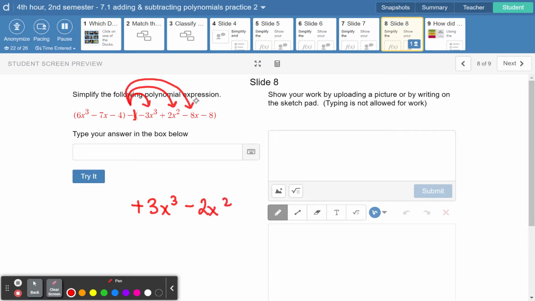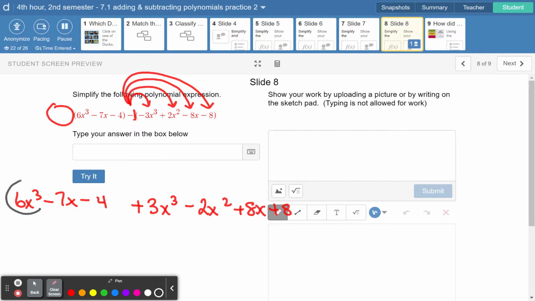Negative 1 times negative 8x is a positive 8x. And then all the way over, negative 1 times negative 8 is a positive 8. And then there's nothing to distribute, so that's why I was able to rewrite the first parenthesis without the parenthesis.